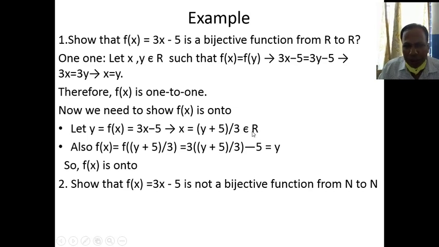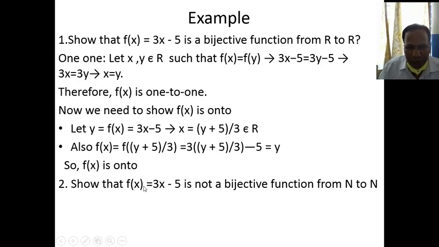That means x belongs to R. That means whenever any y belongs to R, its pre-image also belongs to R. Now that x being associated to f produces y, because f(x) is equal to f of, in place of x we substitute (y plus 5) by 3, and on simplification it becomes 3 into (y plus 5) by 3 minus 5, which is equal to y. So the function is onto.